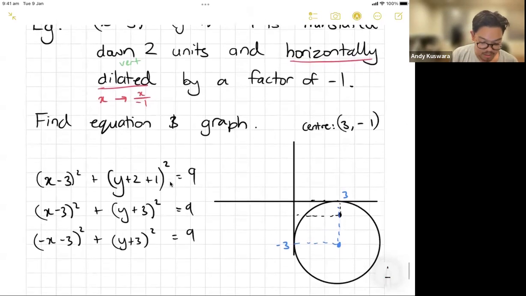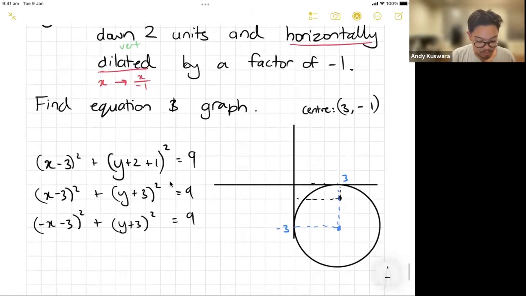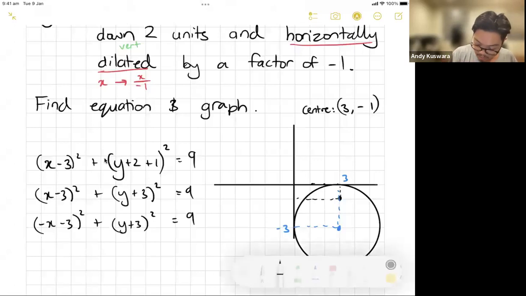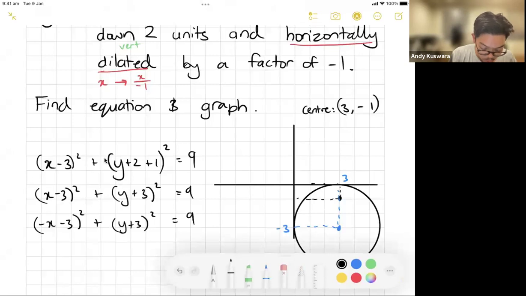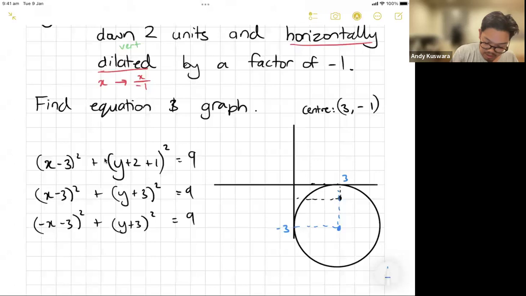Now, if I'm horizontally dilating something, mathematically, what you see there is what you get. But I believe if you're horizontally dilating, it's just going to actually reflect. So what should happen now, I'm hoping, is it should move onto the other side and become this guy here, if I drew that right.